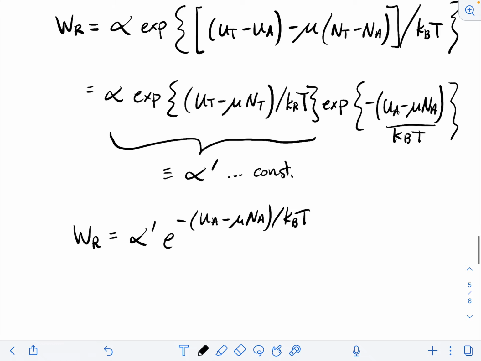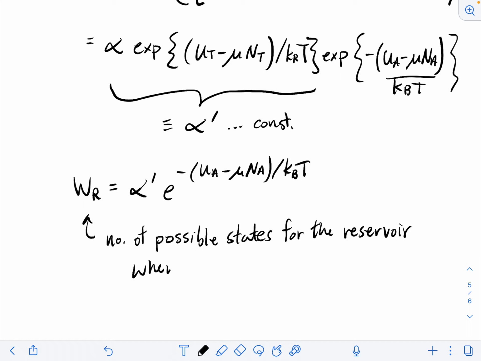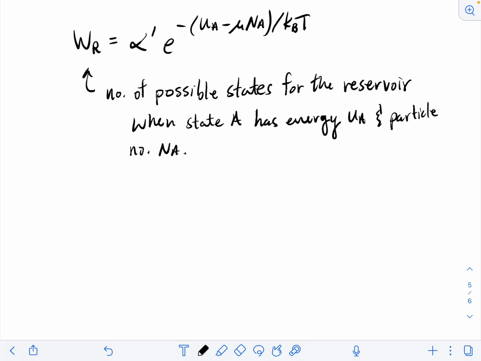So this is the number of possible states for the reservoir when state A has energy UA and particle number NA. All right, so that's just the reservoir.